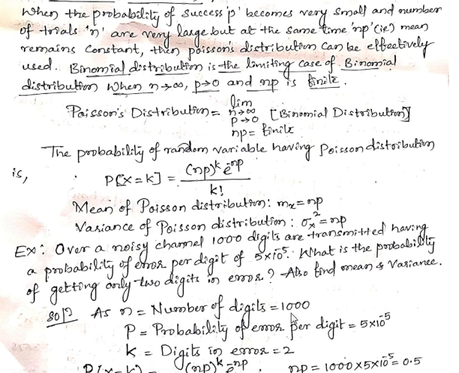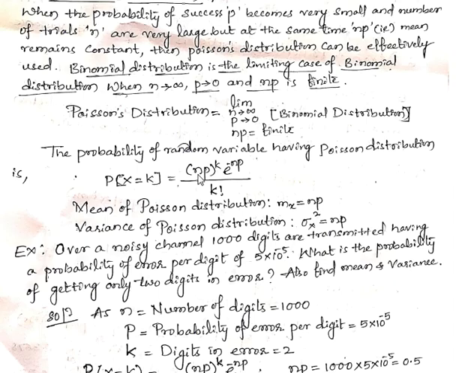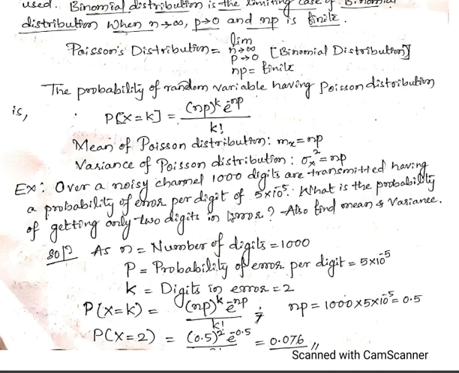So now the value of n becomes 1000, the probability is as given, and k is the same because we are finding it for 2 digits in error. And the formula goes this way: it is (np) raised to k times e raised to minus np, divided by k factorial.